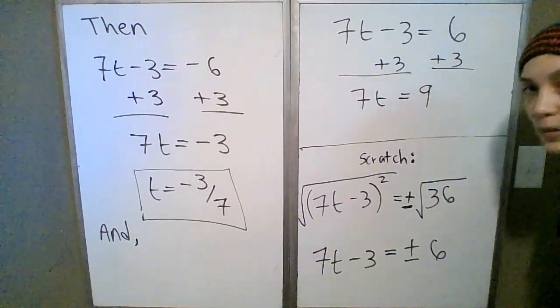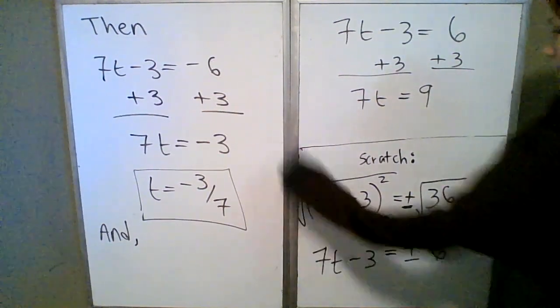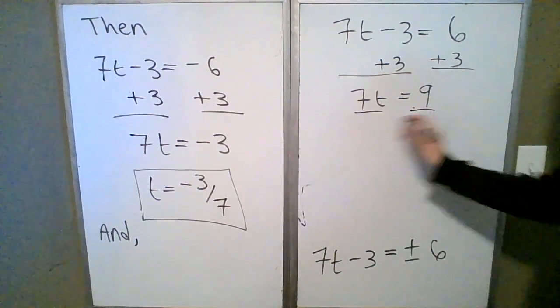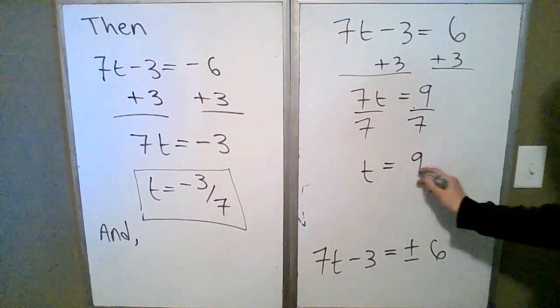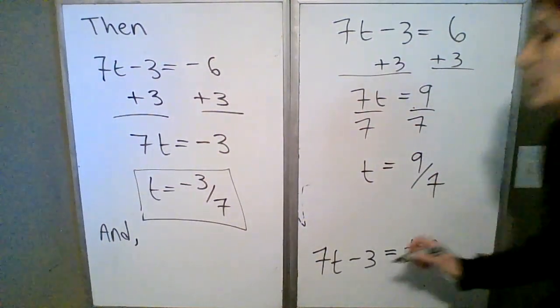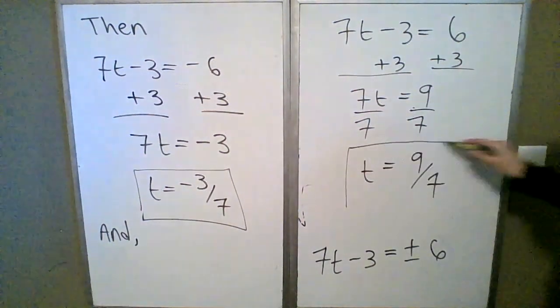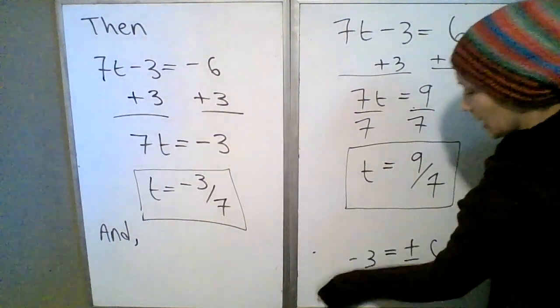Okay, divide both sides by 7. So we got negative 3/7 and a positive 9/7. For my 2 solutions for that variable t.